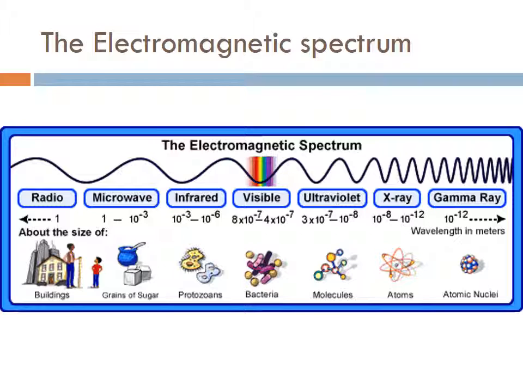So the electromagnetic spectrum is composed of different categories. Radio waves are the waves that have a wavelength greater than 1 meter or 1 millimeter. Okay, we have the X here in meter.